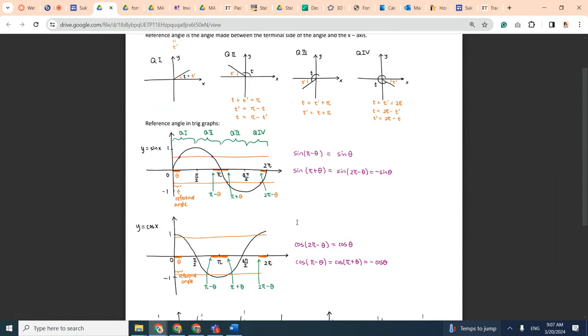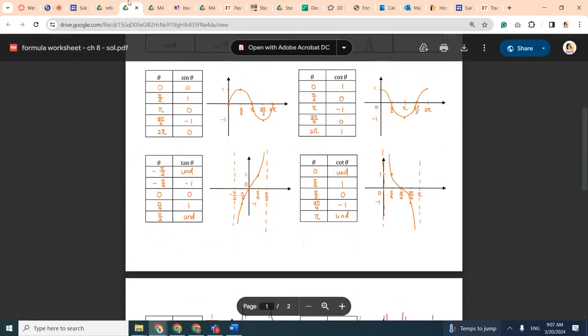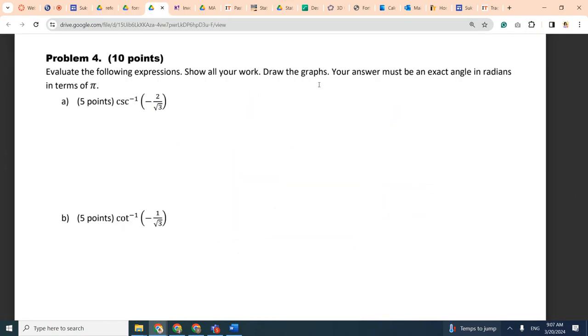By the way, when you draw the sine graph and the inverse sine graph, you need to draw it longer, because the one-to-one piece of the sine function is from minus pi over 2 to pi over 2. Okay, everybody? In the exam, in order to get all 5 points, don't just give me a number.